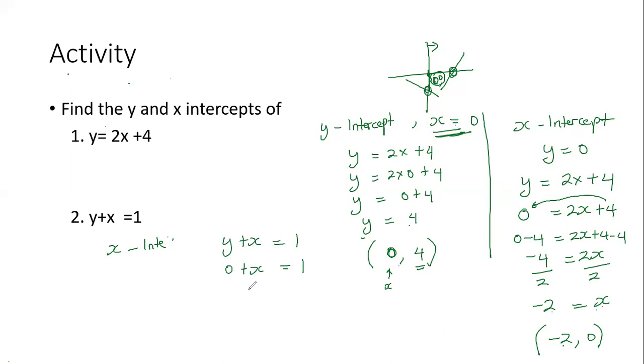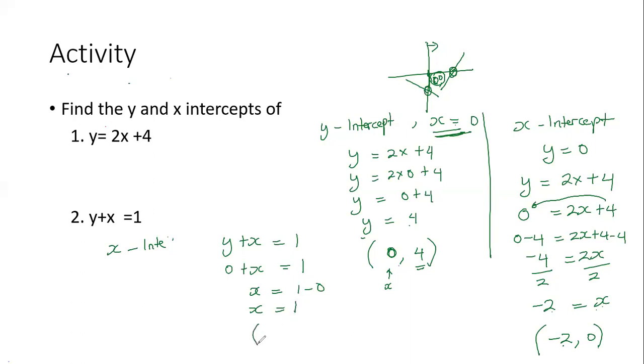Then we shall take 0 the other side of the equal sign. So x equals 1 minus 0. 1 minus 0 is 1.